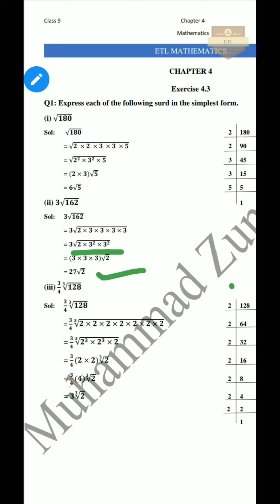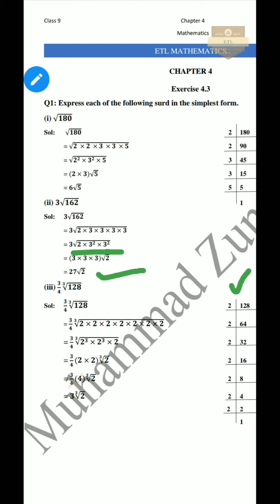In part 3 we have 3 by 4 cube root of 128. Here I have made the prime factors of 128, which are 2 multiplied by 2 multiplied by 2 multiplied by 2 multiplied by 2 multiplied by 2 multiplied by 2. So we have 7 times 2.